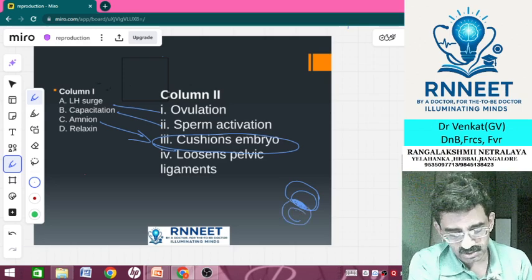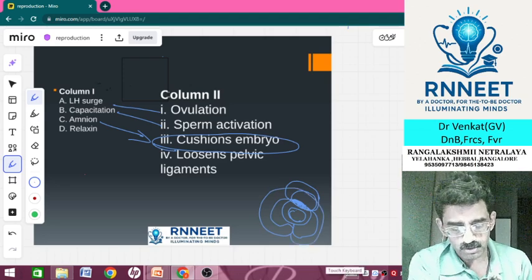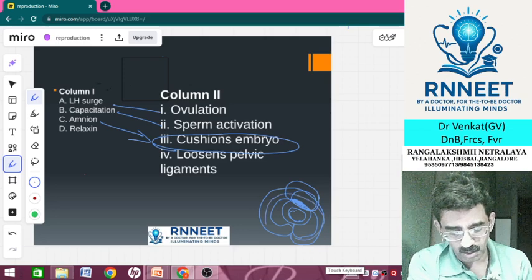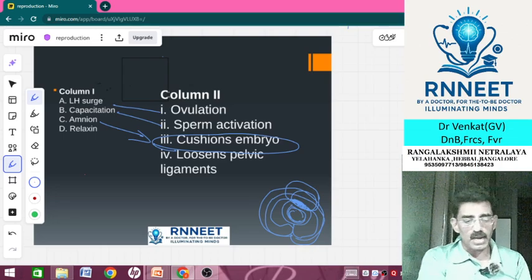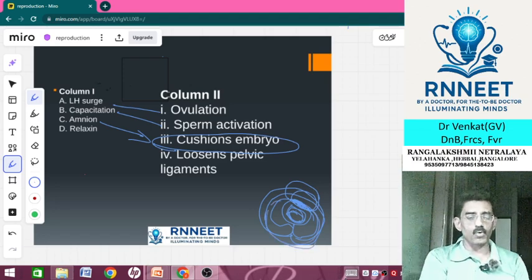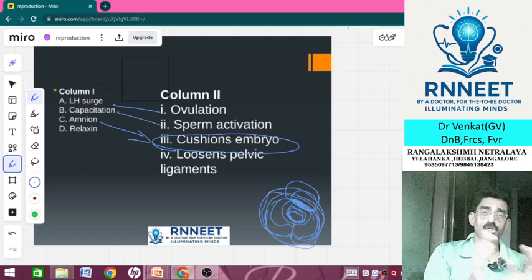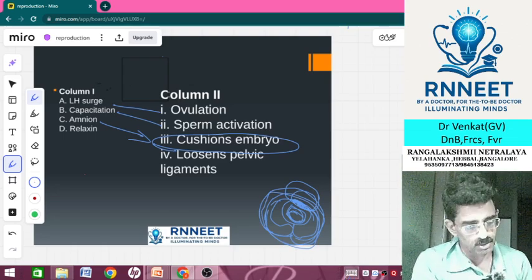The yolk sac starts to become smaller, the amnion starts to grow around it, and the whole thing becomes the amnion. So the amnion grows around the central yolk sac, which becomes rudimentary, and the whole embryo is growing here, covered by the amniotic fluid, which acts as a cushion.